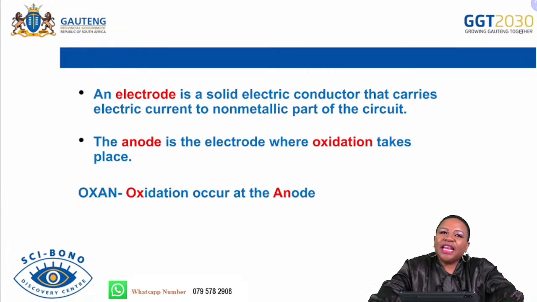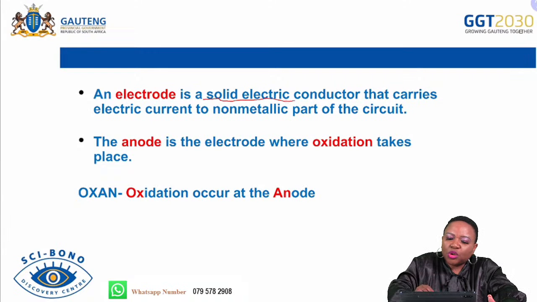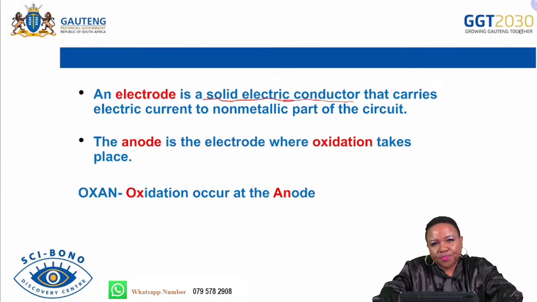Now we are having electrodes. Electrodes in a galvanic cell will be our terminals. Remember, this is a cell. For every cell to function, we need to have a positive and a negative terminal so that electrons can flow from one side to another. Therefore, our electrodes in this regard are going to be used as our terminals. What are these electrodes? These are solid electrical conductors.